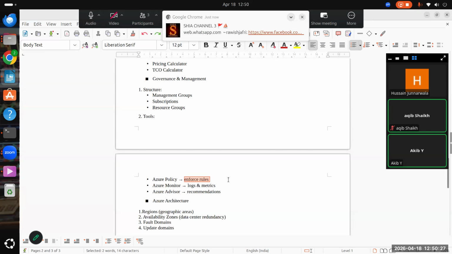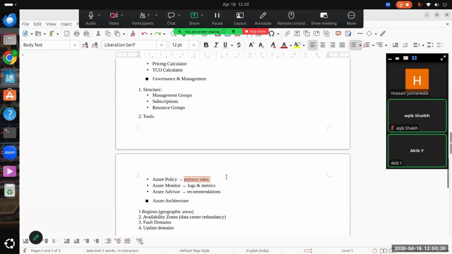There are many examples, and you can also customize your own rules. These rules you can enforce through a service provided by Azure, which is Azure Policy.